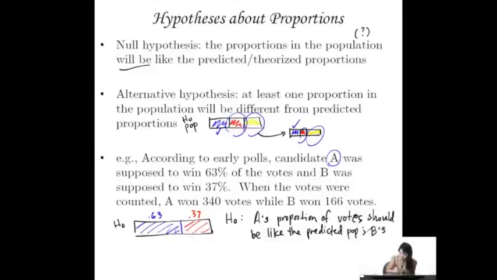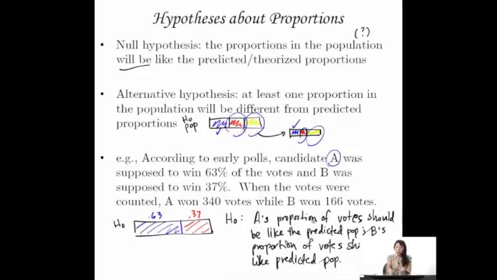And B's proportion of votes, sorry, this is a little small, should be like the predicted population, right? So it's saying A's proportion, the real proportion of votes, should be like this, and so should B's. The other way you could say it is that the real proportion of votes should be like the predicted proportion of votes, right? And then you could just say that for every single category, for both A and B.